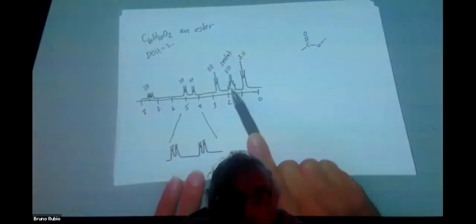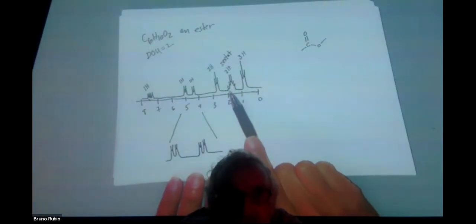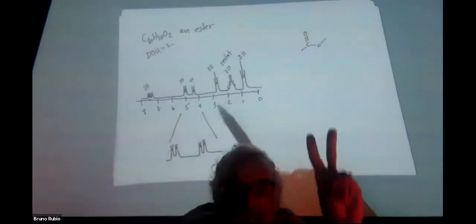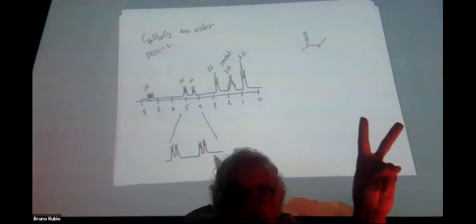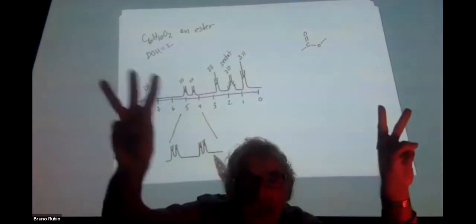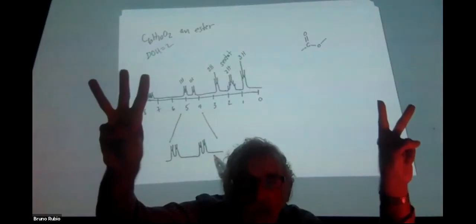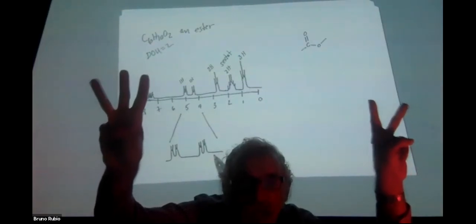So what could a sextet possibly be? Well, a sextet is a signal caused by 2 over here and 3 over here, for a total of 5 plus 1 is 6.